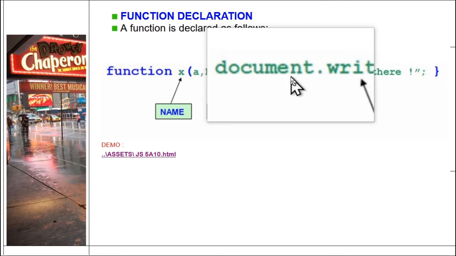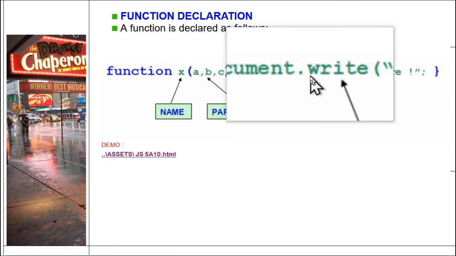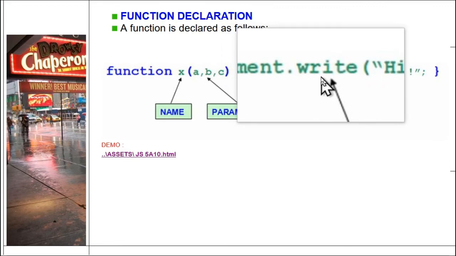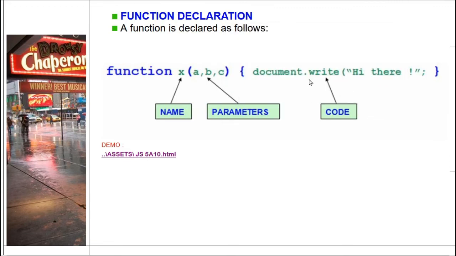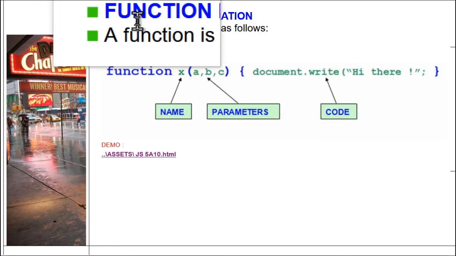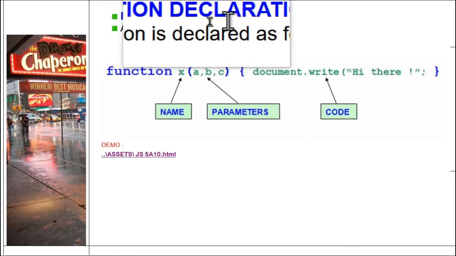Then it will look at the value of B and say, okay, the value of B is document 2, print that. And then we'll look at the value of C, and it will say, okay, the value of C is document 3, print that. And that's how parameters are passed and functions are declared. So this is function declaration.